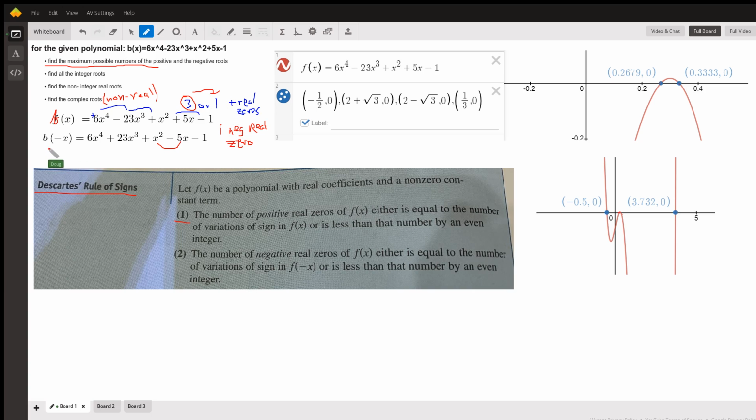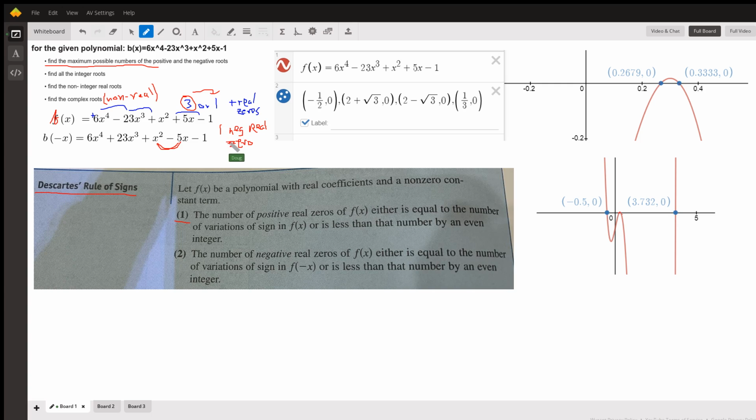If we take f of negative x, that just means that where the exponents are odd, the sign of the coefficient of that term is going to change. So we'll have 6x to the 4th plus 23x plus x squared and minus 5x. And if you count the sign changes, there's only one. We go from positive to negative.